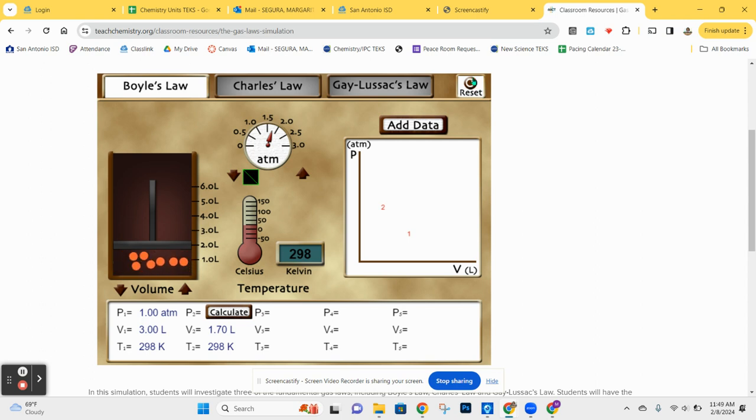So I'm going to reset it so you can see how they behave before I change that volume. So notice how frequently they're bumping into each other. Okay. Now, when I reduce the volume to 1.70, I don't know about you, but because that space has been reduced, I'm noticing there are more collisions happening.